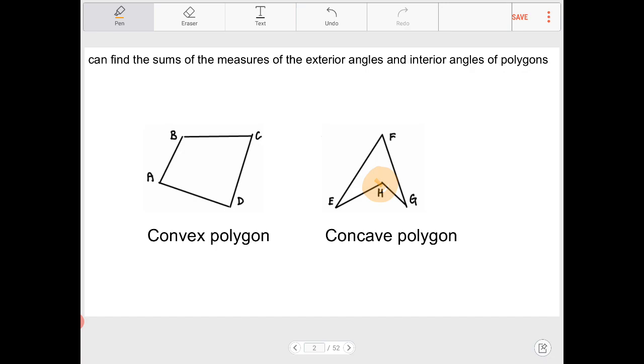A concave polygon is a polygon with one angle greater than 180 degrees. A straight line has 180 degrees, and in this case the angle bends towards the other way. So this is a concave polygon, and it has greater than 180.